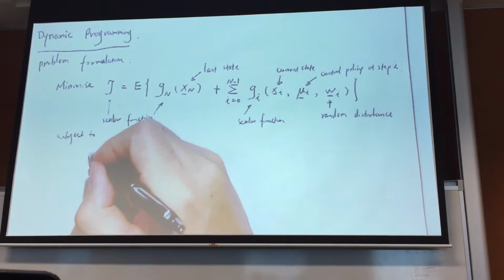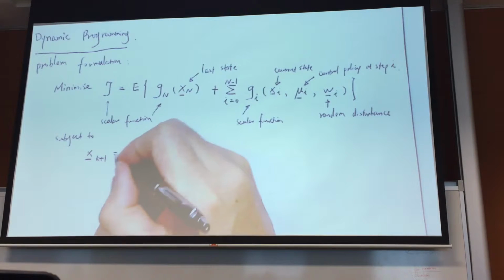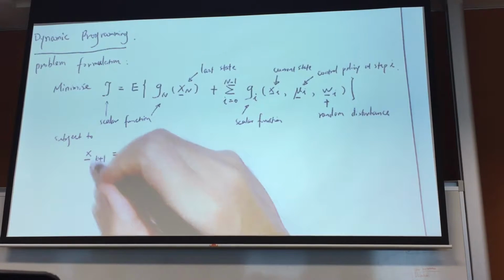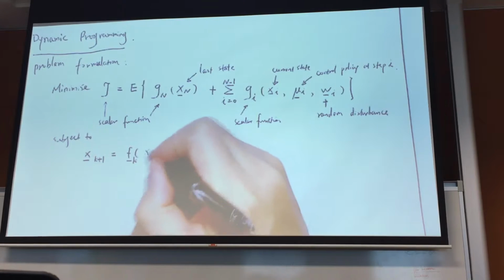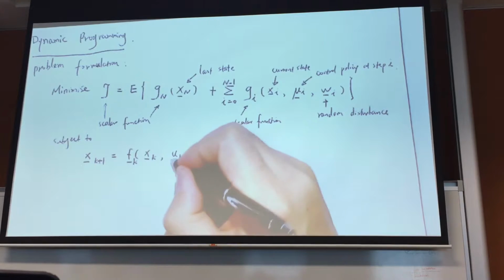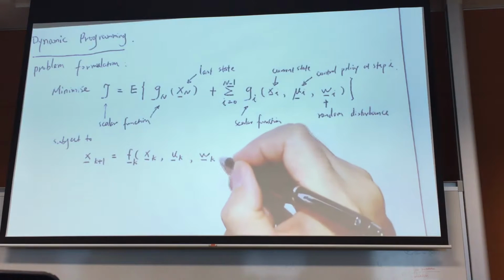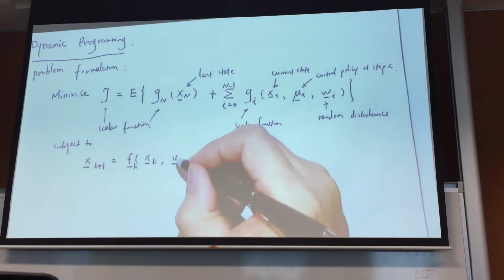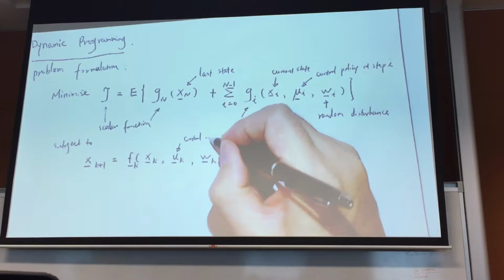So the dynamics is a discrete problem. So the dynamics are given by the difference equations. So the next state is given by a function of the current state and the control input, and also the random disturbance. So this is a control input.